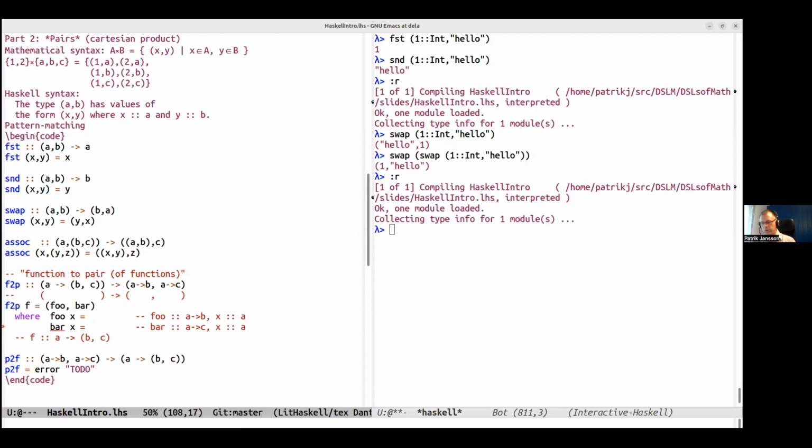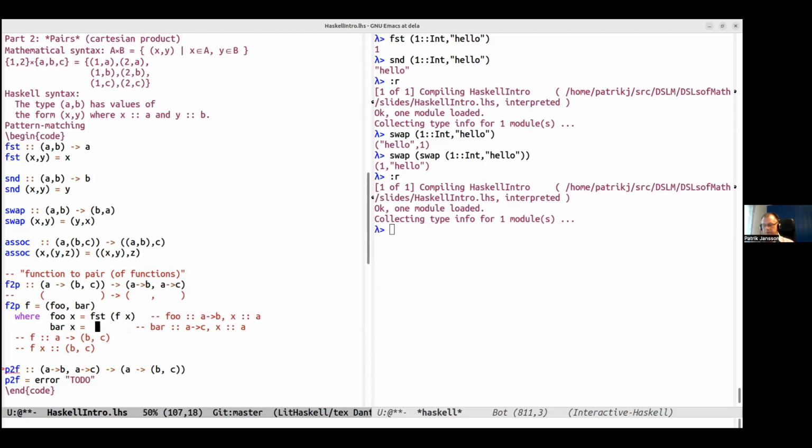So if we call f on x, that will have type B, C. So that will be a pair. But then we can use our helpers here. So we can take first of that pair. So foo of x can be defined as first of f of x.